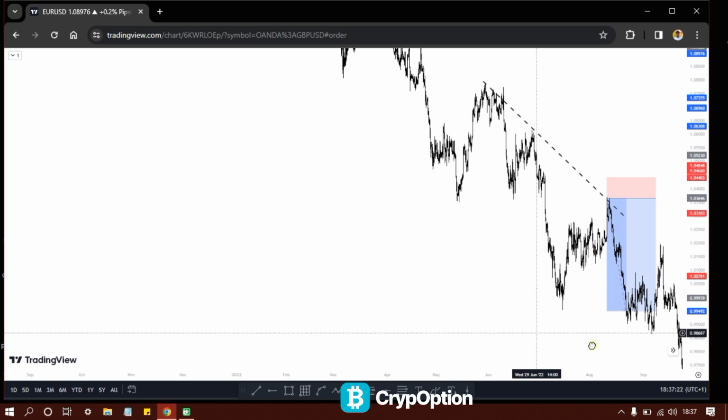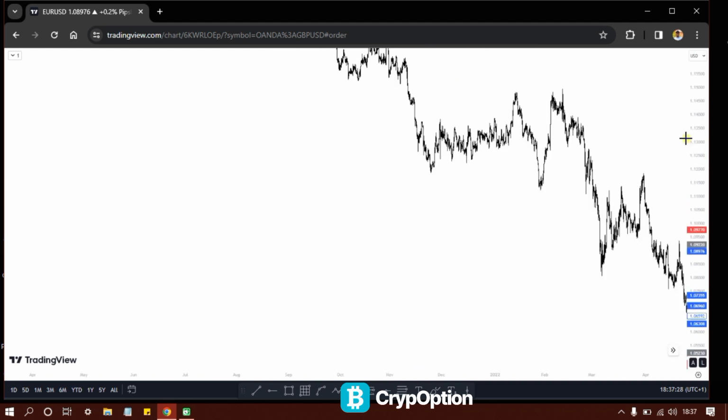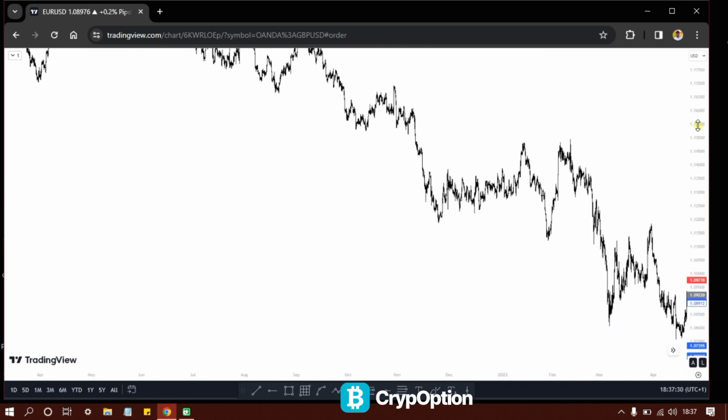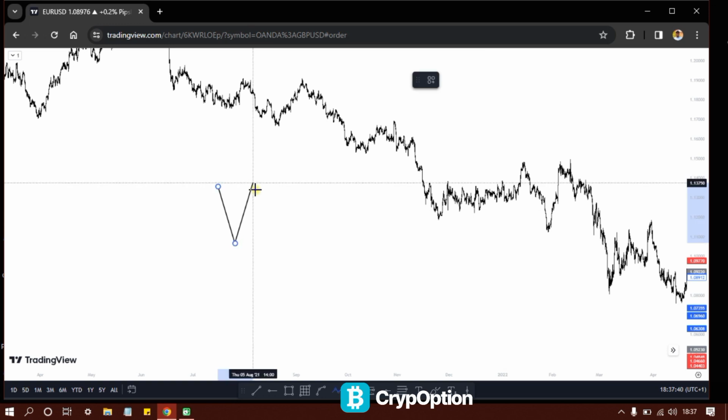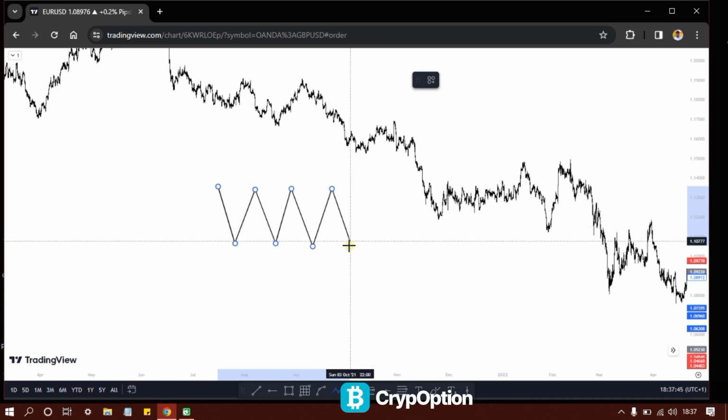Now when we are talking about the horizontal support and resistance, it's a little bit simpler than the trend line support and resistance, because we said it occurs in a ranging market where you have price being stagnant, where you have something like this, meaning you connect the highs and lows.